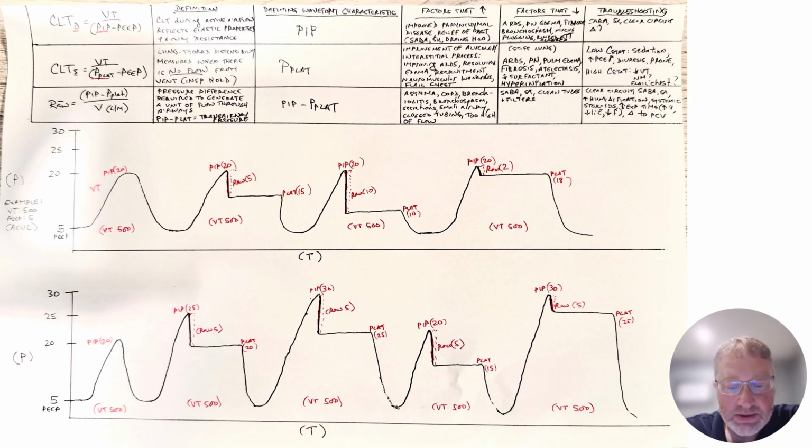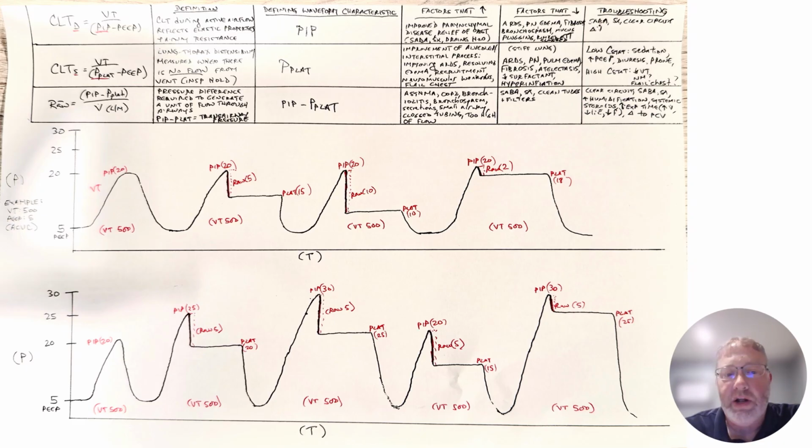Troubleshooting a static compliance issue. If it's a low static compliance, you can always add sedation, increase PEEP, diurese if they have fluid, or prone them, so put them on their belly. If they have a high static compliance, then you can decrease their tidal volume, see if there's a neuromuscular issue, see if there's a flail chest possibility, stuff like that.